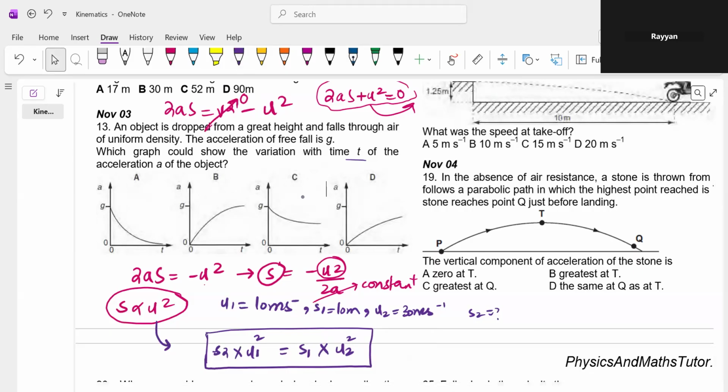Gradient of acceleration time graph, yes, it is velocity. And they're asking for the variation with time. What does that mean?